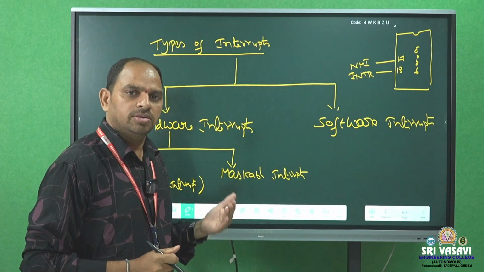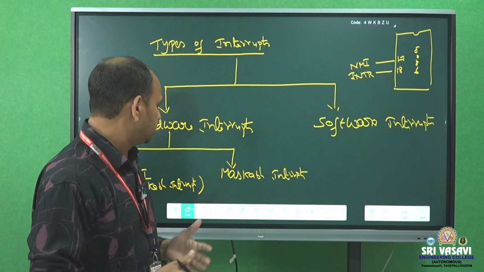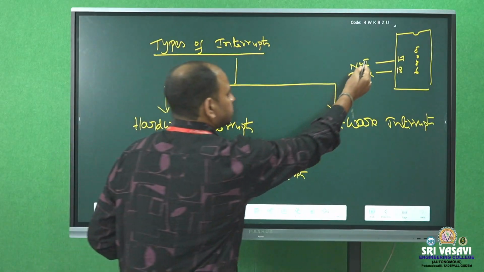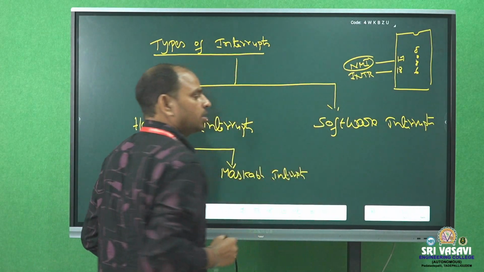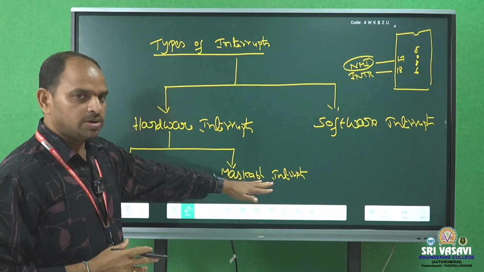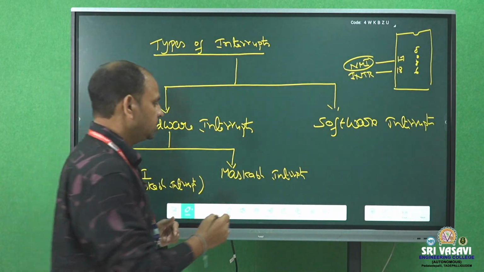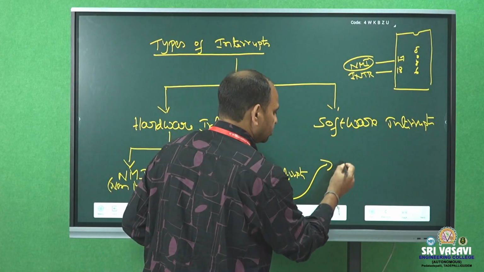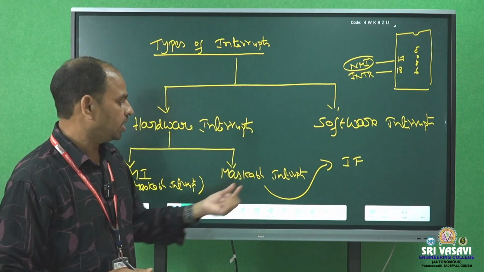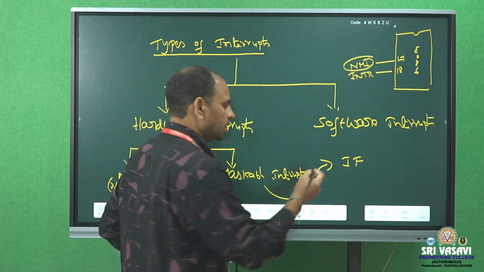An interrupt which cannot be disabled is called a non-maskable interrupt. An example is NMI. But maskable interrupts can be enabled or disabled using the flag called IF, the interrupt flag.